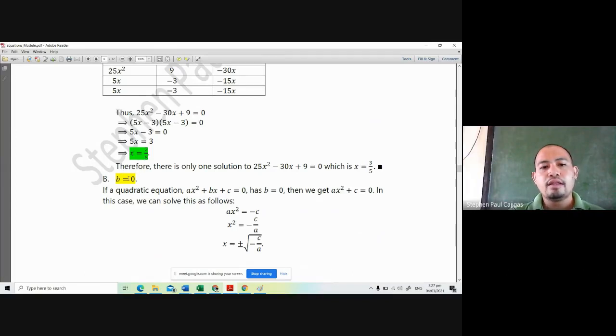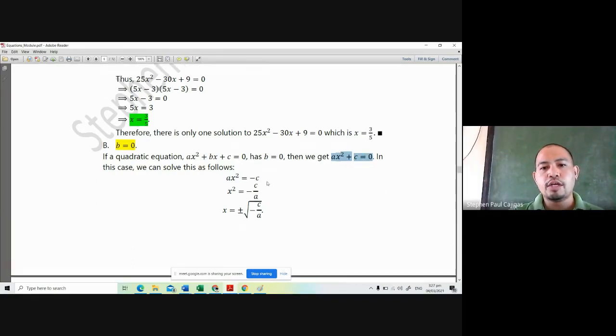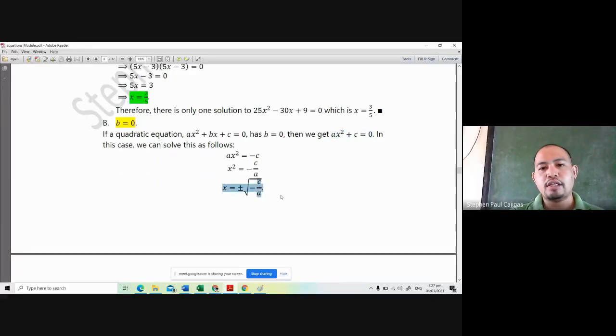Okay, now what if we have the case wherein b is equal to 0, meaning we have ax squared plus a constant, so ax squared plus c is equal to 0. So in that case, the solution is equal to plus minus the square root of negative c over a.